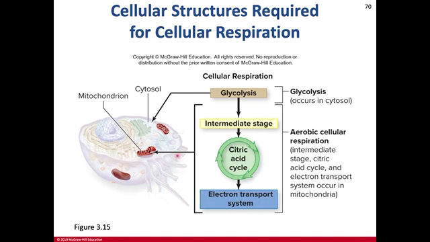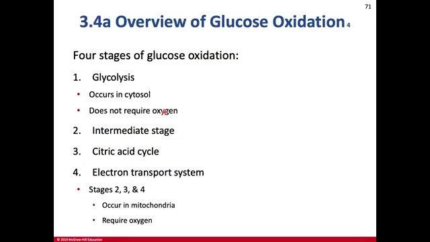Remember that these 2 parts, citric acid and electron transport, happen in the mitochondria. Glycolysis is out here in the cytoplasm, okay? Glycolysis is the only part of these 3 legs that does not require oxygen to produce significant amounts of energy, okay?